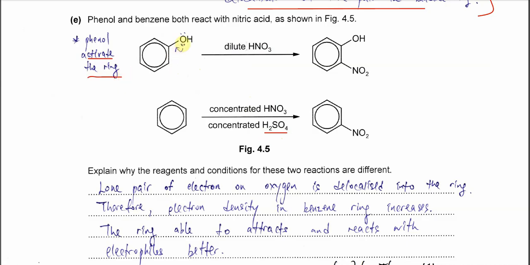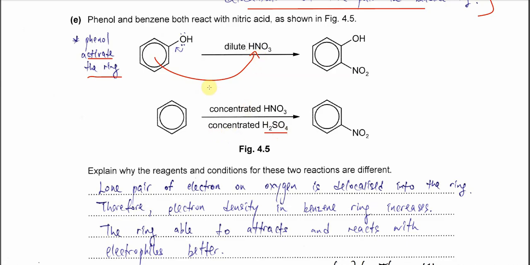Meaning the lone pair on the oxygen can delocalize in the ring and let the benzene ring have more electron density. Then it's more active and able to react with the electrophile here, meaning the nitric acid. So therefore it no need to use the other things like concentrated H2SO4.